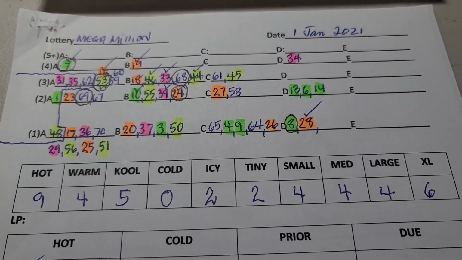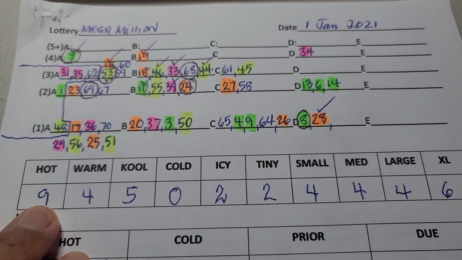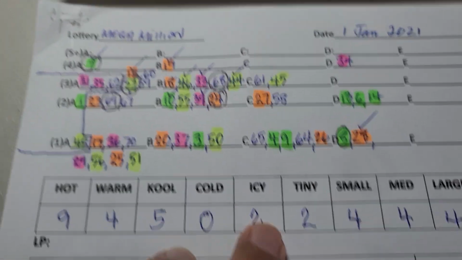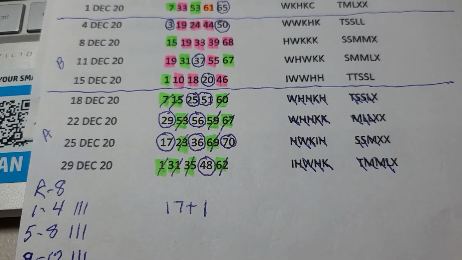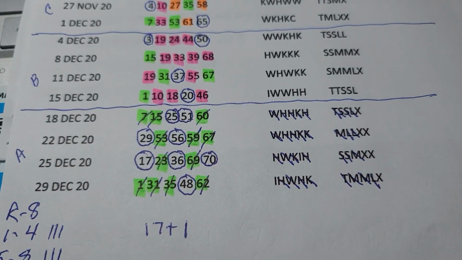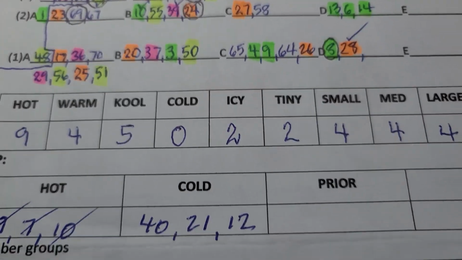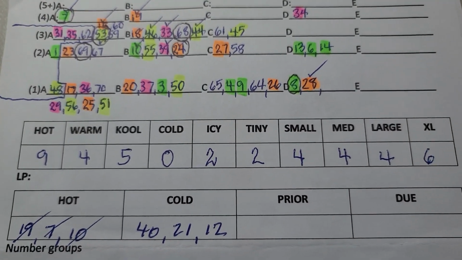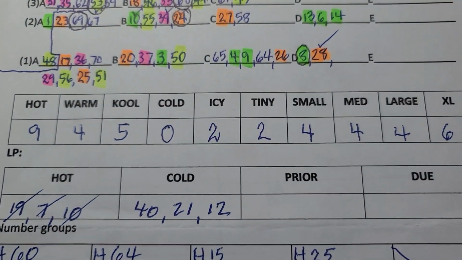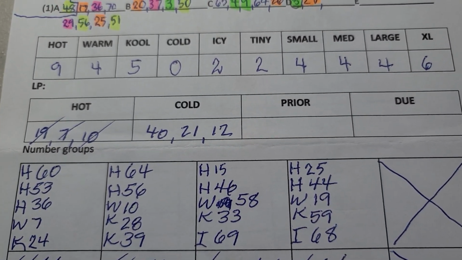Now over here I have the different profiles for hot, warm, cool, cold, and icy. And from this category, I got the information from these two places, the frequency and size. And this is translated to this sheet right here. Once I get them translated, I fill out these boxes right here.